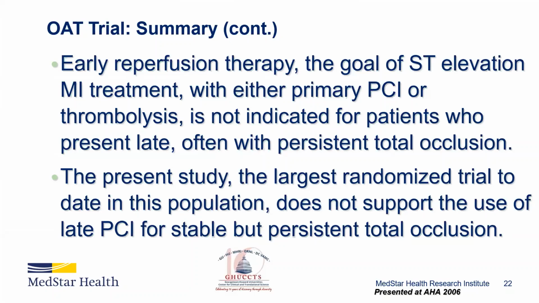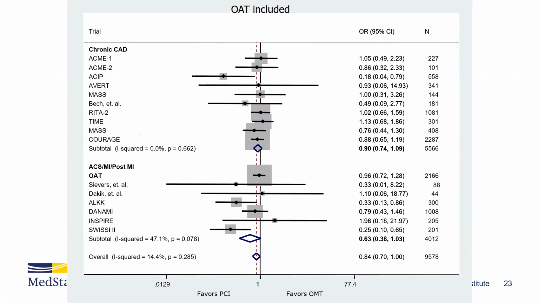And so what we did then is we took the data from the OAT trial and we added it to the post-MI data and redid the meta-analysis. And so you can see here that now when we add the occluded artery trial, it really kind of negates the PCI effect, in that the confidence interval now includes 1, so that would argue for a non-significant effect.